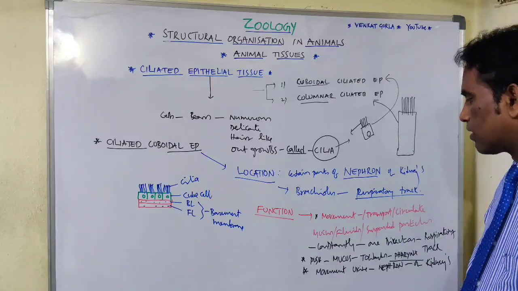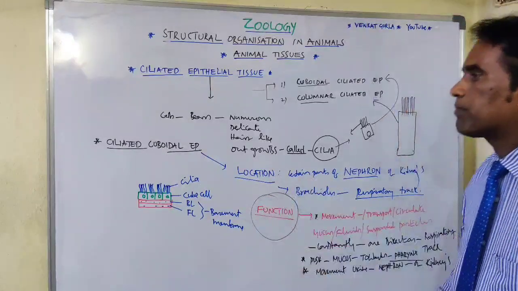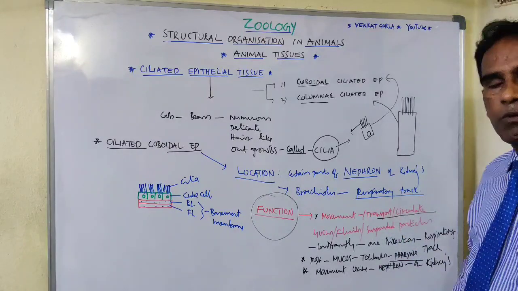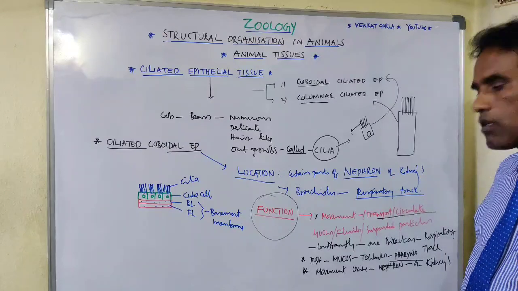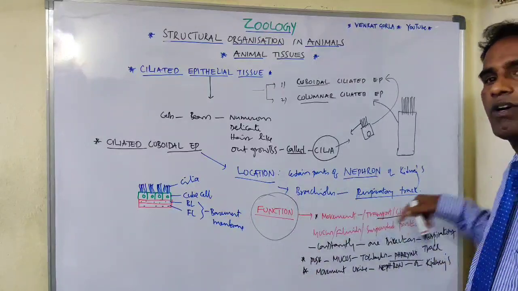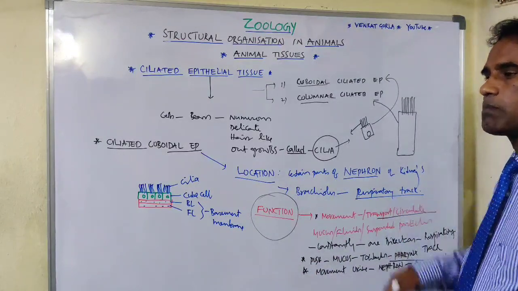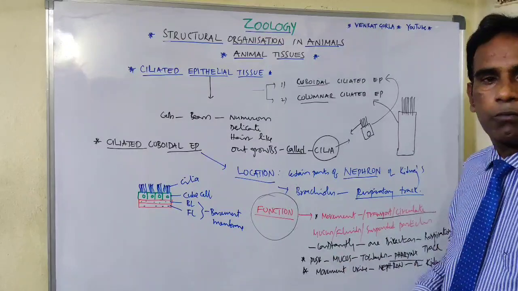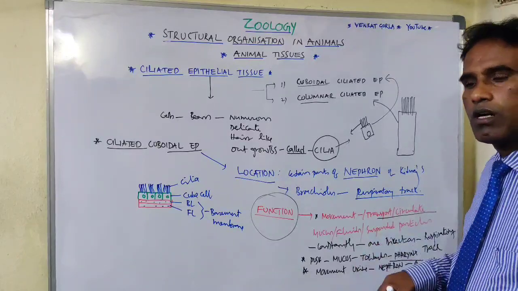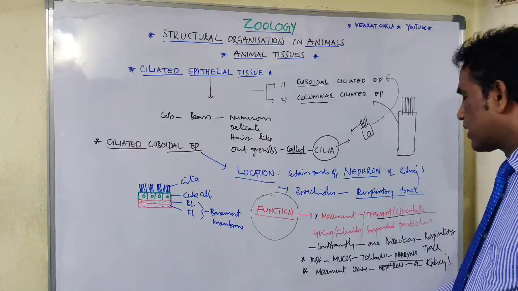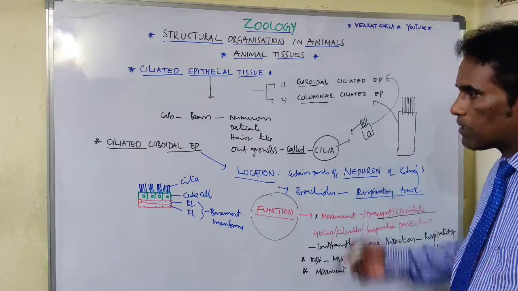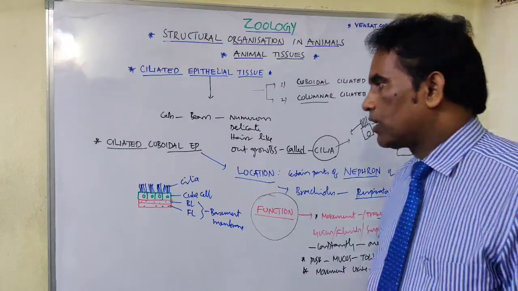Its functions are the movement and transport of fluids or mucus constantly in one direction in the respiratory tract, pushing mucus toward the pharynx, and the movement of urine from the nephron of the kidneys.